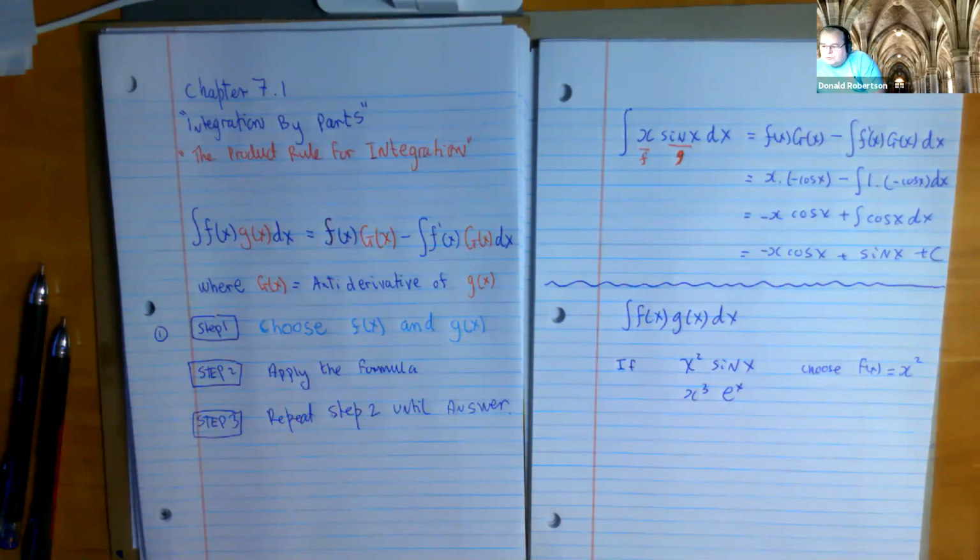So if you have to do x cubed cosine x, x squared e to the x, right? Things that look like that. Choose this fella.